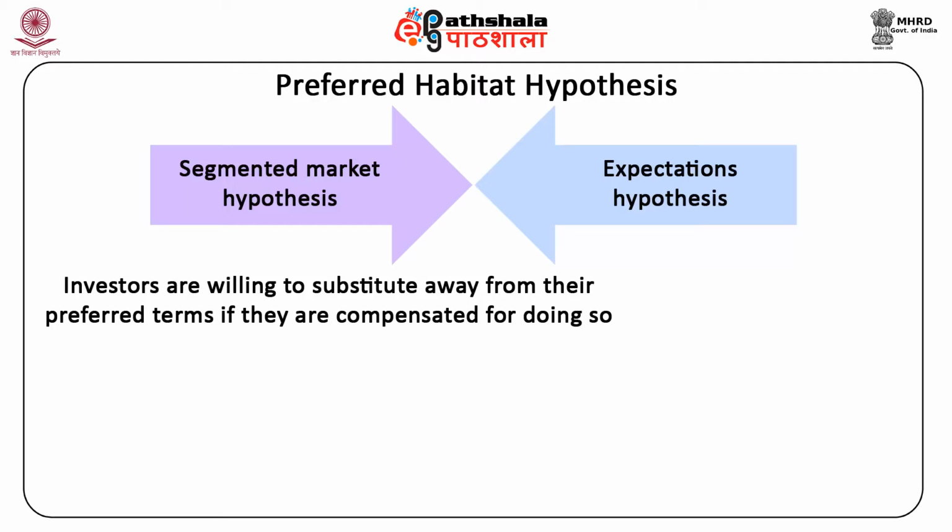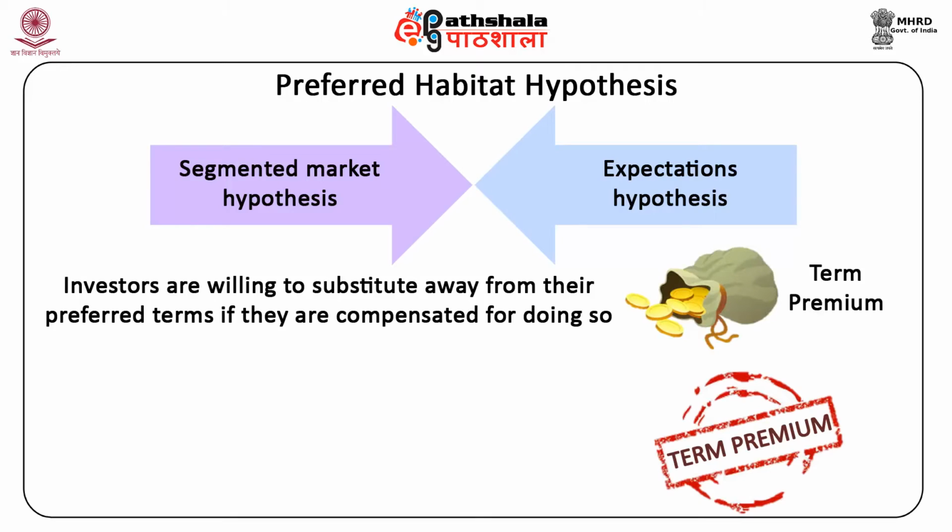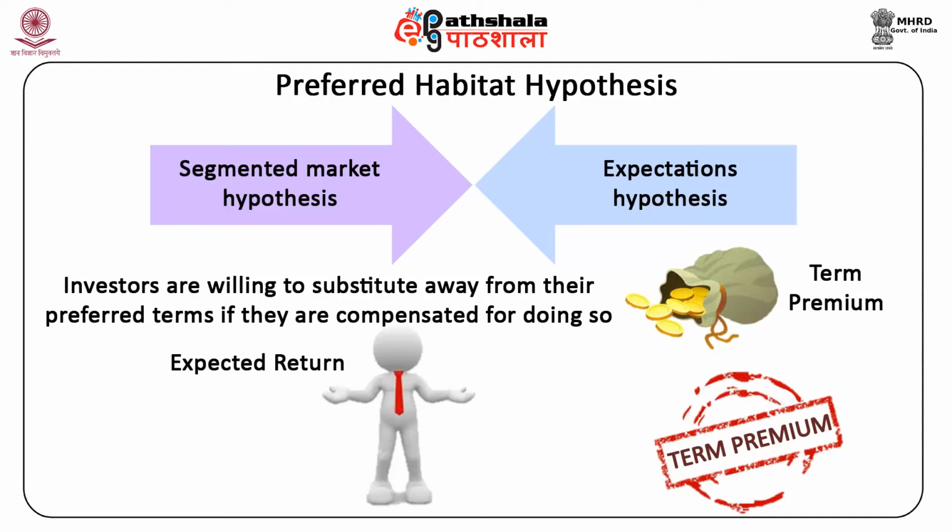The compensation required to induce investors to purchase an asset with a different term to maturity is known as the term premium. Hence, an investor will choose financial instruments on the basis of both the expected return on the financial instrument and his or her preference for a particular maturity.